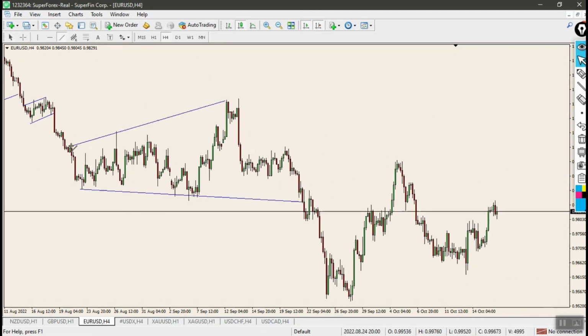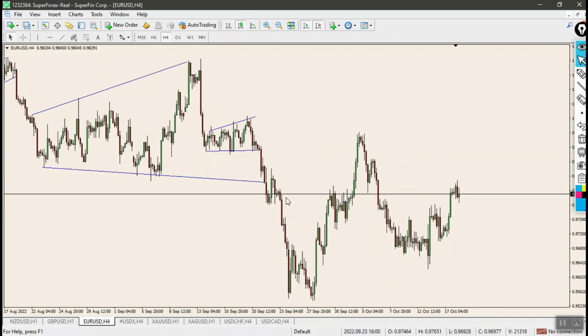We have something along these lines, and we have another one right here before the market went and dropped. But here's the interesting thing right now. We have a large symmetrical triangle that goes along the lines of something like so.